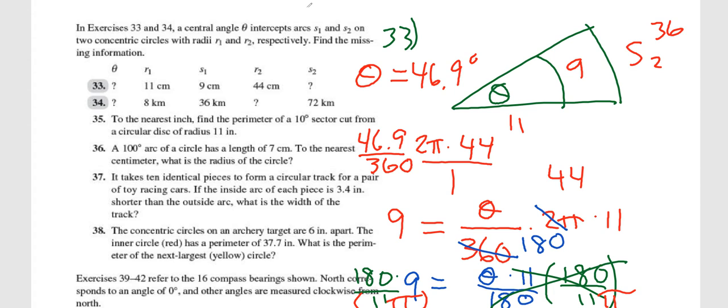Do you think it is linear? Do you think it's quadratic? Cubic? Square root? Do you think it's a log function? Exponential? What do you think that thing is? Something times 2 pi r. What's the exponent on r?